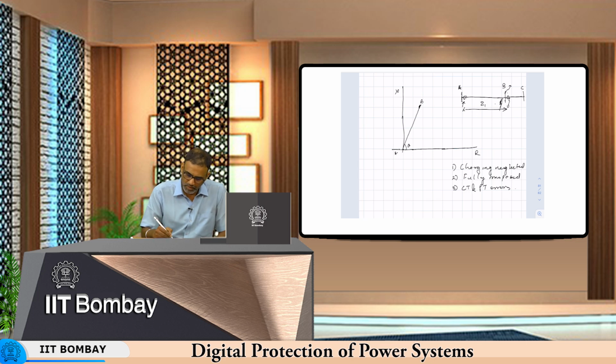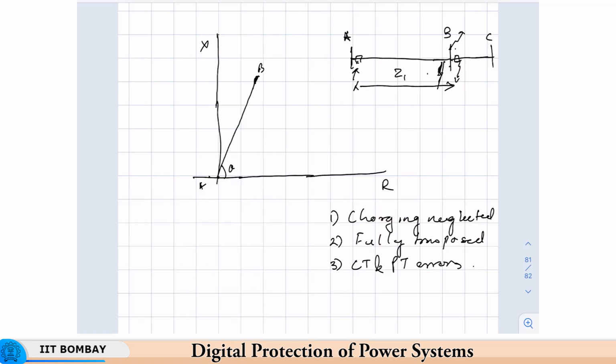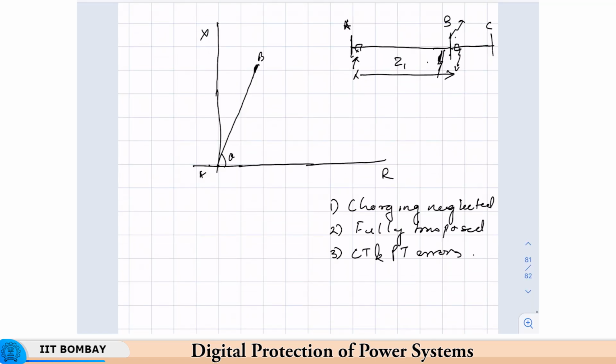Okay, and that is known as zone 1 or Z1 of the relay. Now this could become a bit confusing. Z1 we also used for positive sequence impedance of the line earlier. Now we are using it for zone 1, but that is just an unfortunate fact. We will have to get used to it.